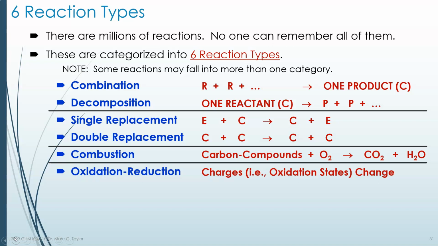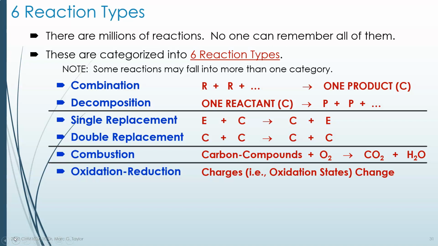So oxidation reduction reactions are a little different from the others in that the first 5 reactions, if it's one of those 5, it's only one of those 5, and it can't be another one of those 5. However, many of those first 5 can also be oxidation reduction reactions.